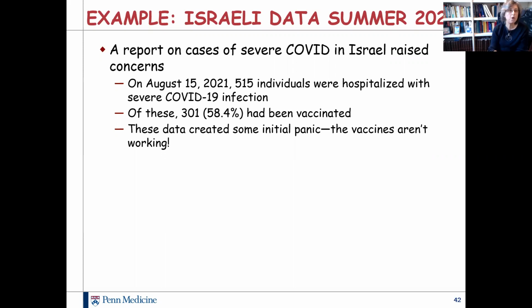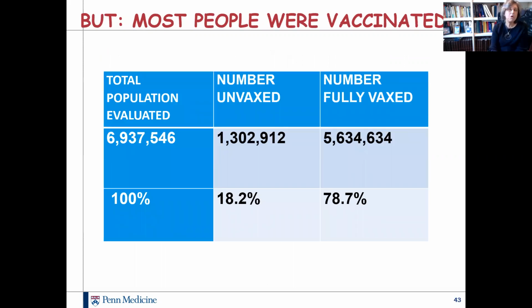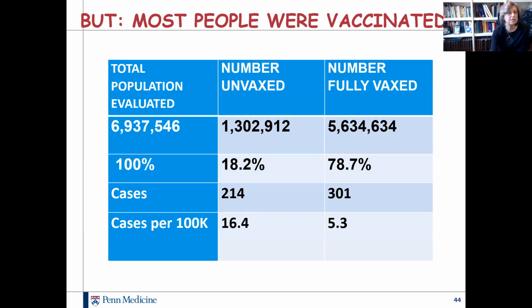Now, when this was reported, there was some initial panic. Does this mean that the vaccines are not working? But most of the people were vaccinated. Almost 80% of the population was fully vaccinated. Fewer than 20% remained unvaccinated.